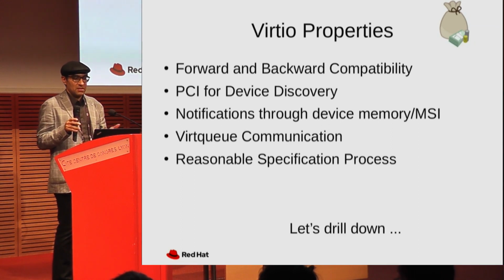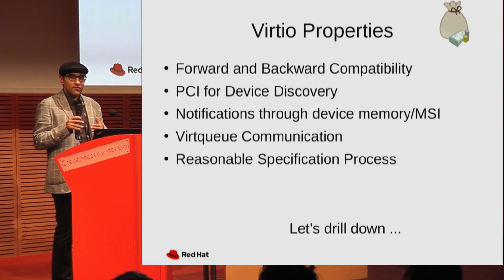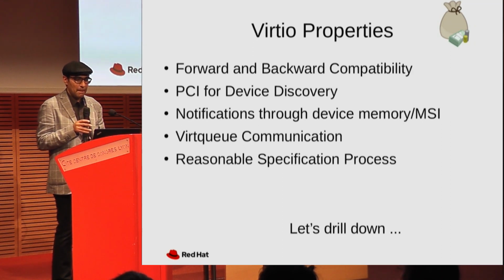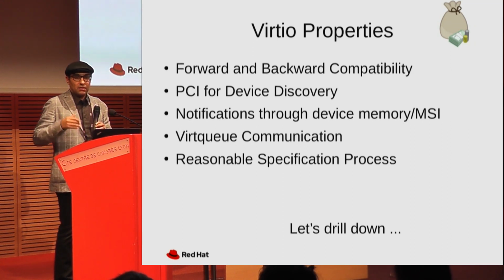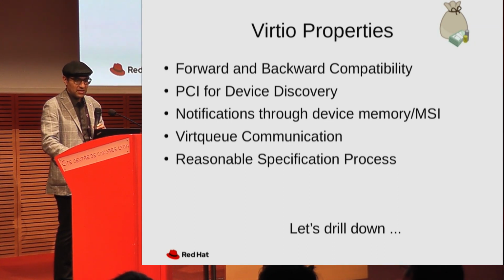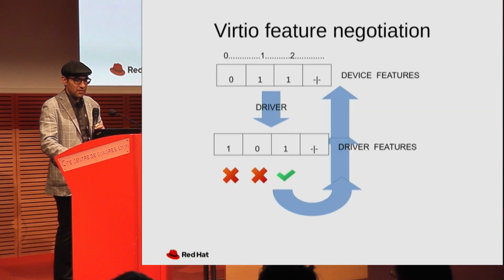That's nice because lots of people use PCI in the hardware. Our notification mechanism is optimized and happens to be efficient for hardware as well. And then it's also good that we have a good specification process in place. So I'm going to drill down into all of these things.